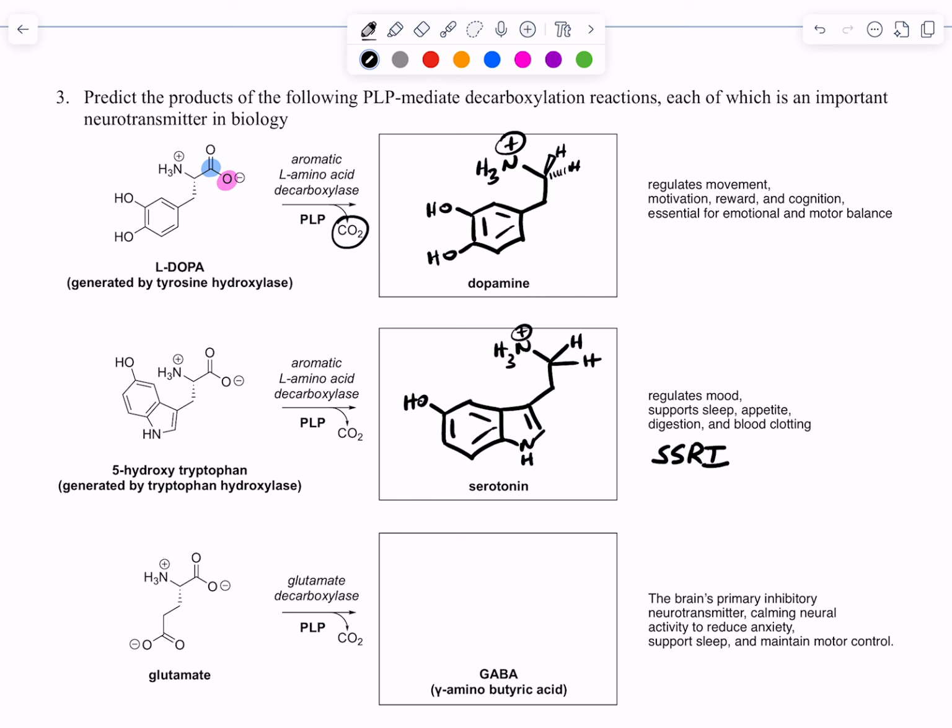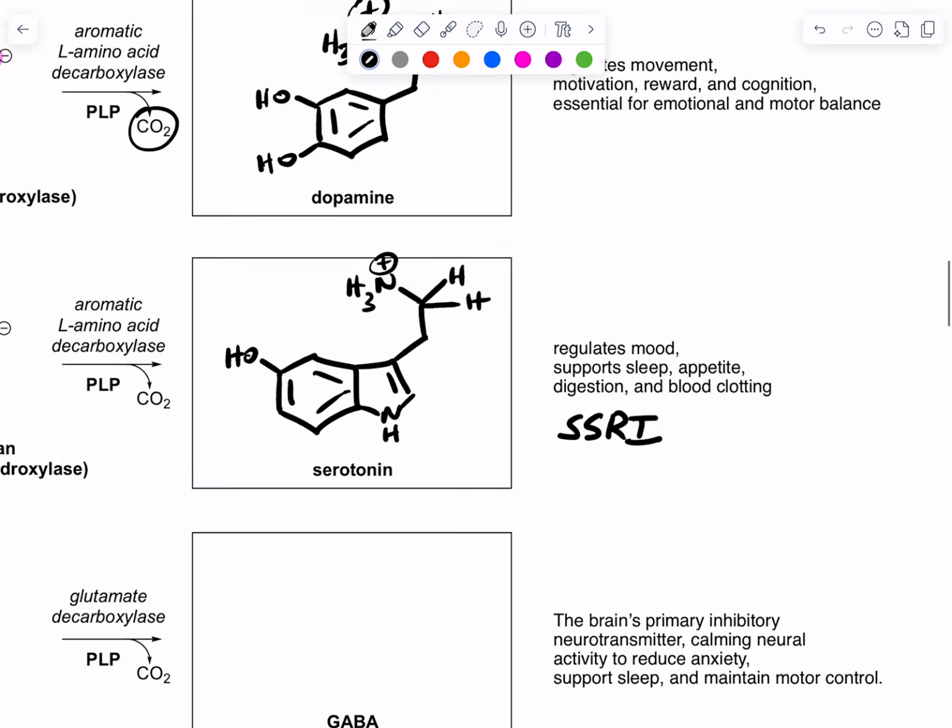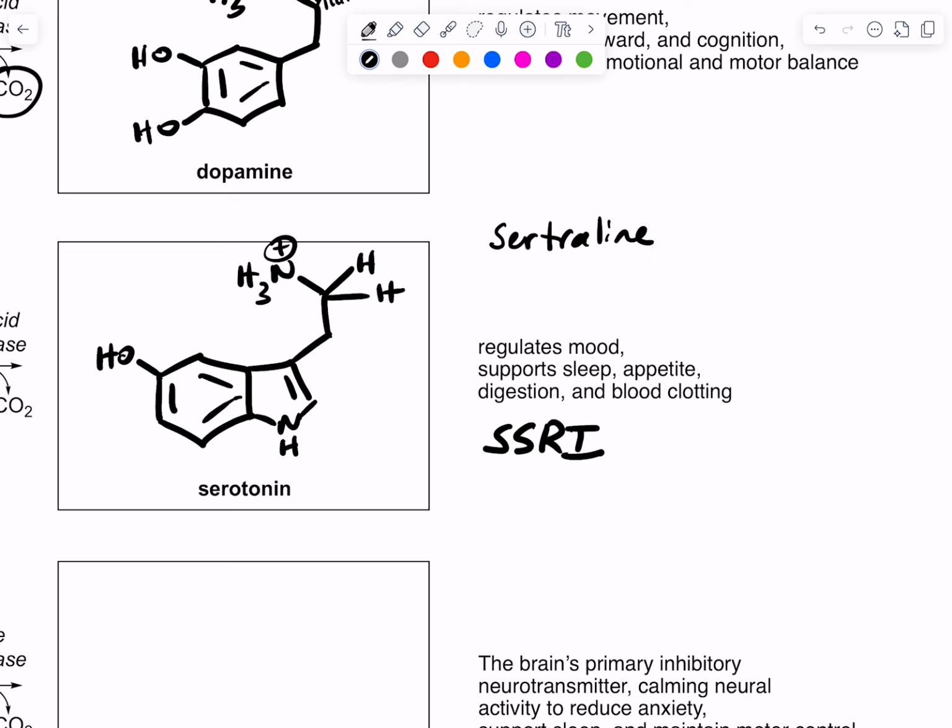We will talk about those more when we talk about drug action, but basically they increase the levels of serotonin in your brain by inhibiting the receptor that takes serotonin from the synapses back up into the neurons. An example of an SSRI is called sertraline.